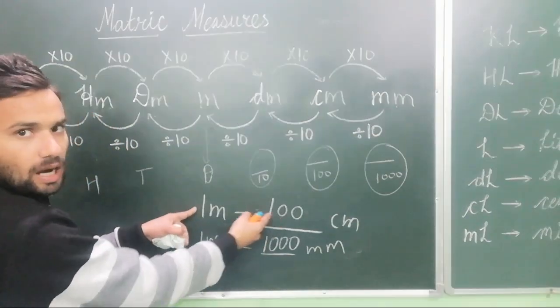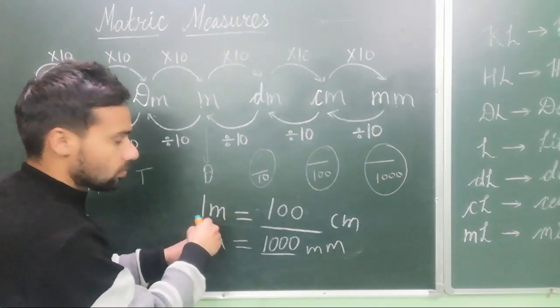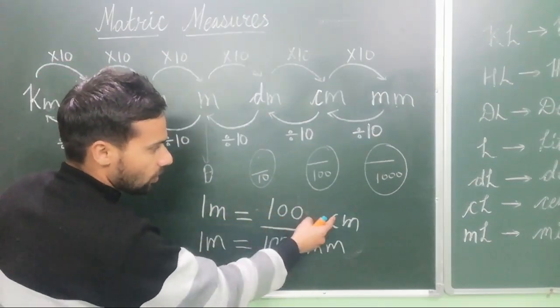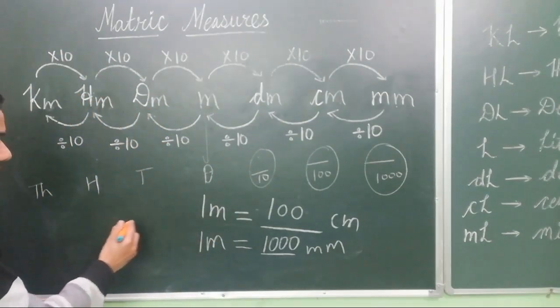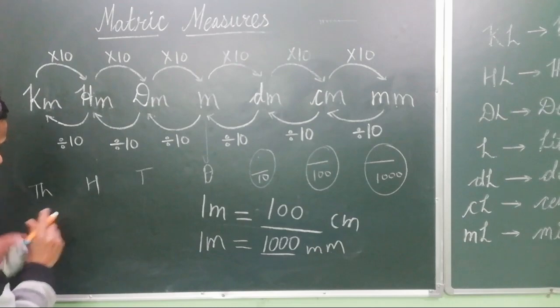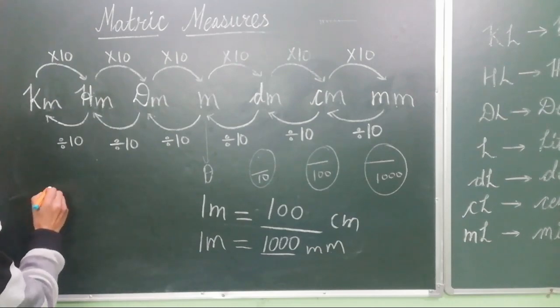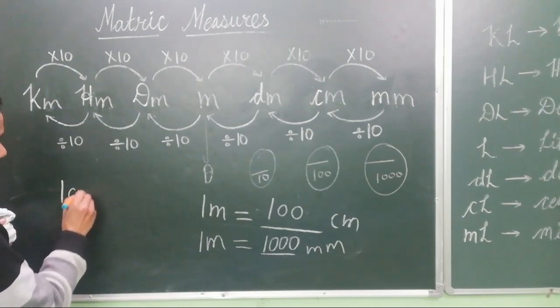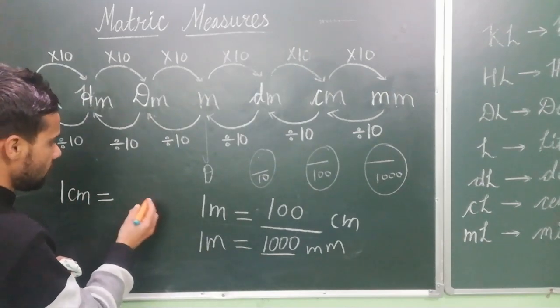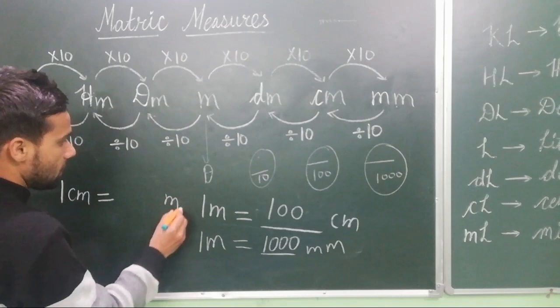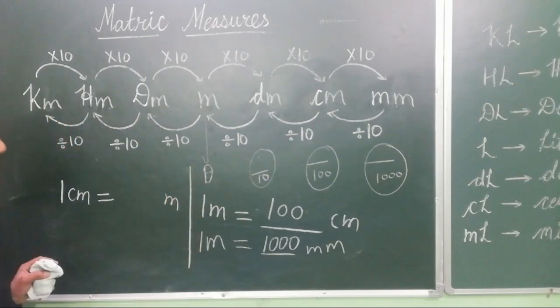Now, same thing, I want to convert 1 centimeter is equal to how many meter? For example, if I write here 1 centimeter is equal to how many meter? Okay, this is your question.